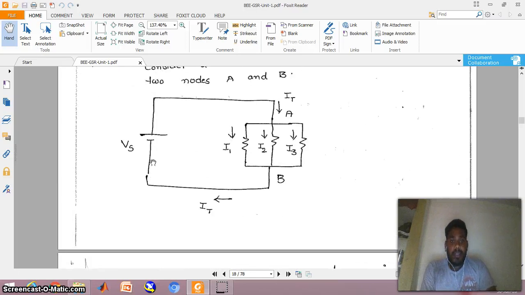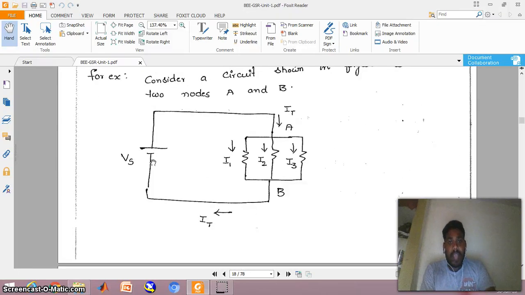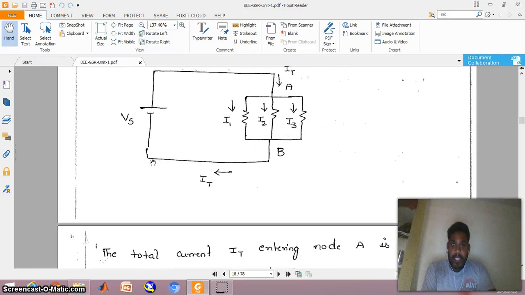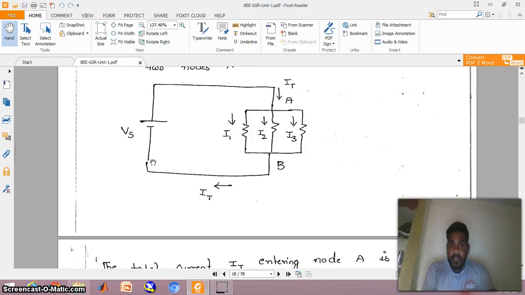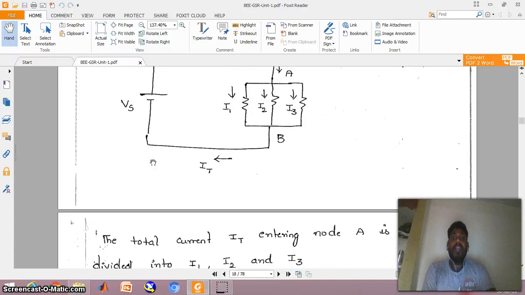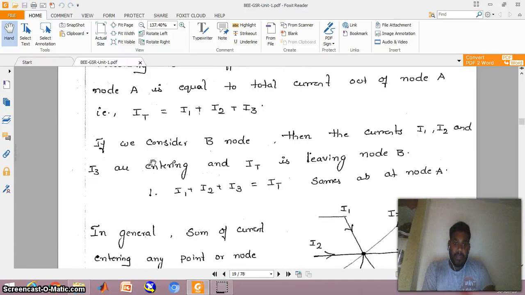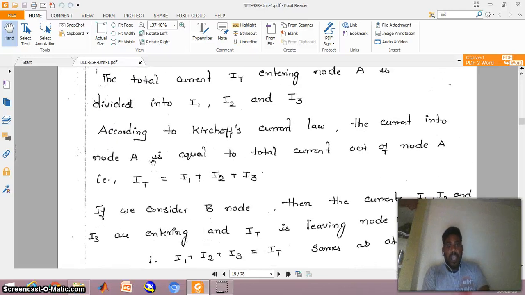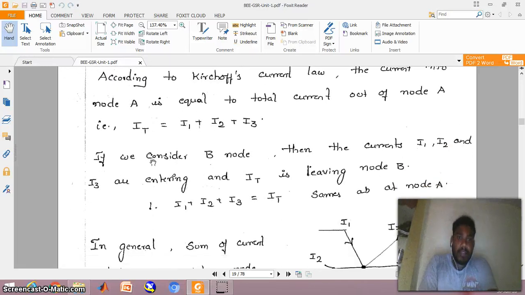Here I total current is entering at node A, and I1, I2, I3, these three currents are leaving at node A. So as per the Kirchhoff law, the sum of the currents entering the node is equal to the sum of the currents leaving. So finally, I total is equal to I1 plus I2 plus I3.